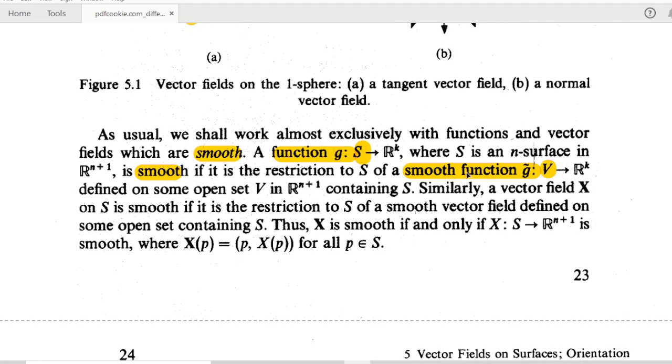Similarly, a vector field. We know a vector field is also a function X bar. And ഇപ്പം പറഞ്ഞ പോലെ തന്നെ ഫംഗ്ഷന്റെ സ്മൂത്ത്നെസ്സിന്റെ അതേ കൺസെപ്റ്റ് ഇവിടെയും വരിക.